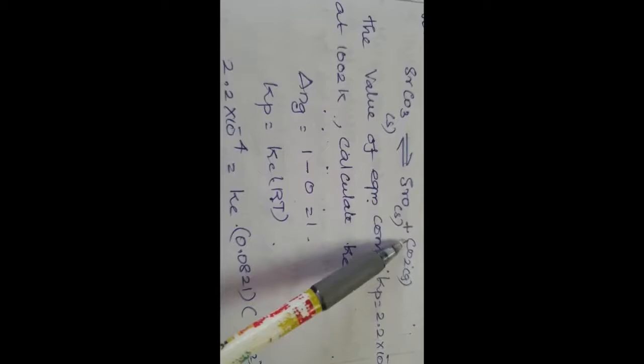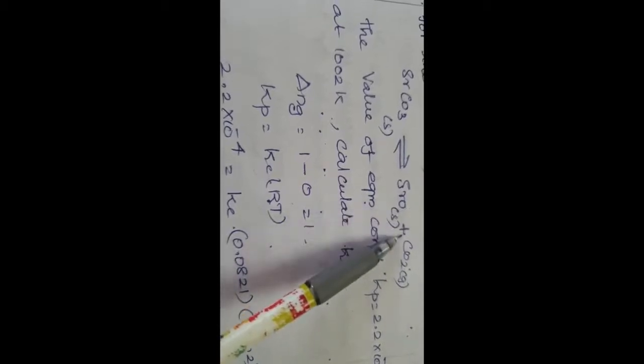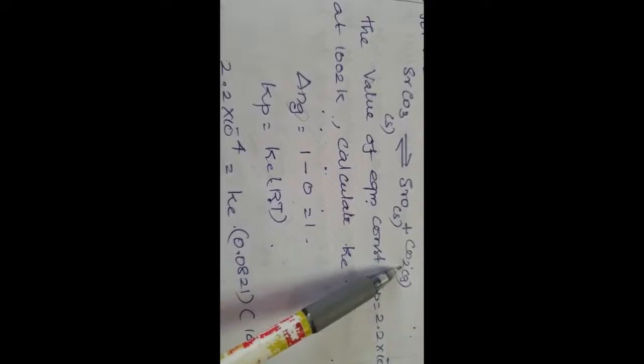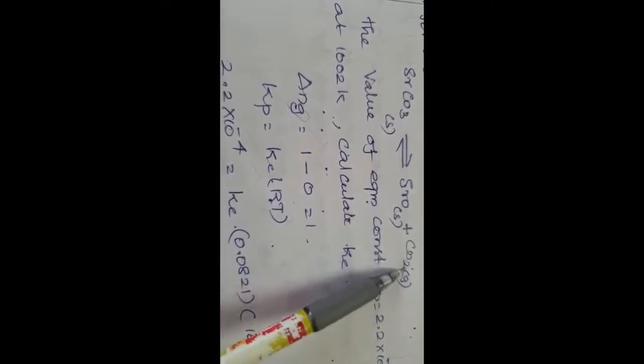By using the Kp Kc relation we can calculate. First you have to find out delta Ng. Delta Ng is 1 minus 0. Why 1 minus 0? Because when we take delta Ng, the g represents only gaseous molecules. What is the gaseous molecule here? Only carbon dioxide, which is on the product side.